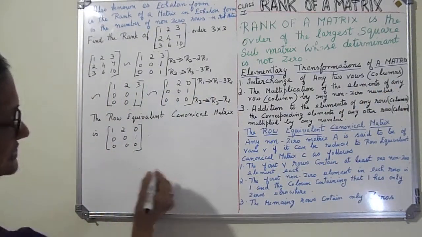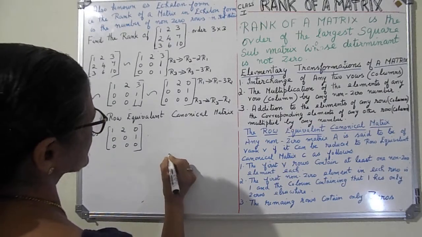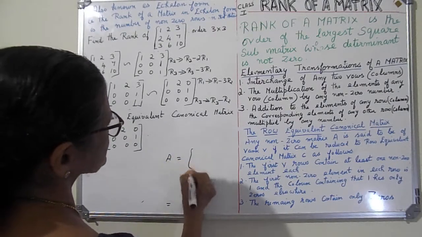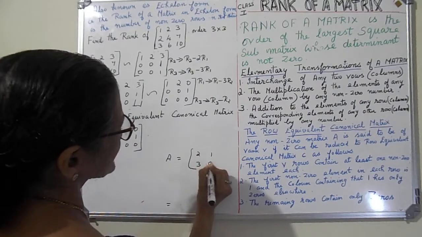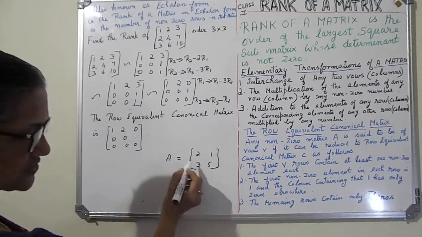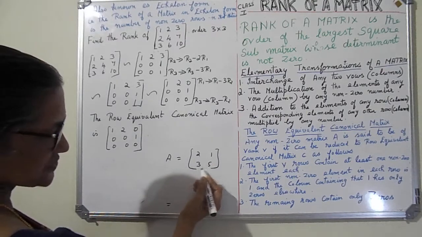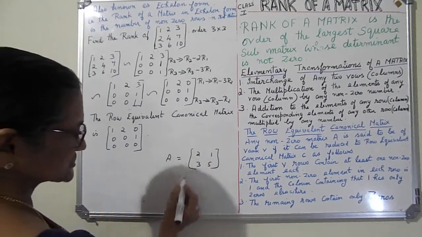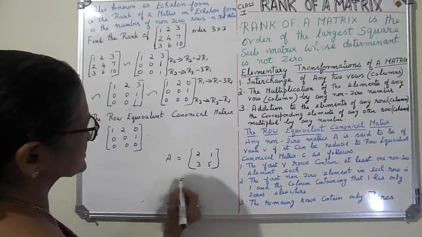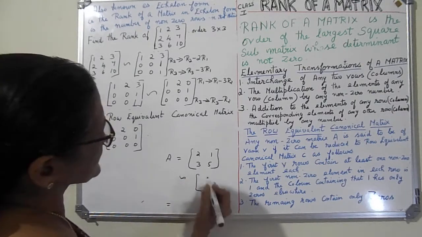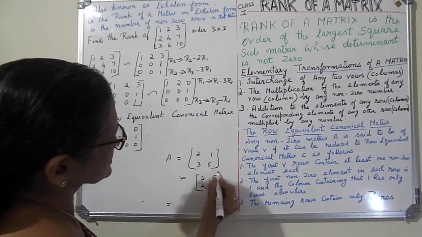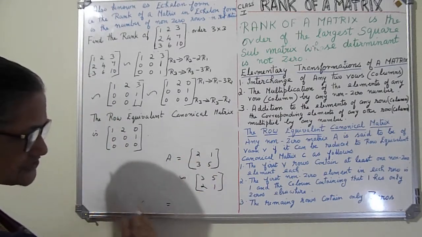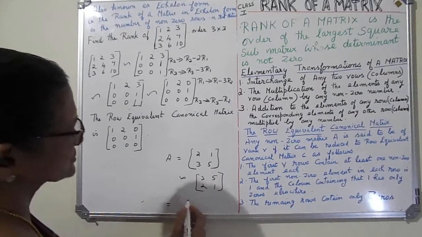For example, consider the matrix A is equal to matrix 2, 1, 3, 5. What's the first row? 2, 1. Second row, 3, 5. I can interchange the rows, and this matrix A is equivalent to the matrix 3, 5, 2, 1. I can interchange the first row and second row. Similarly, I can interchange the columns also.